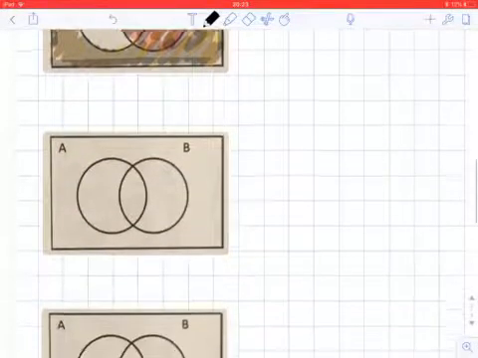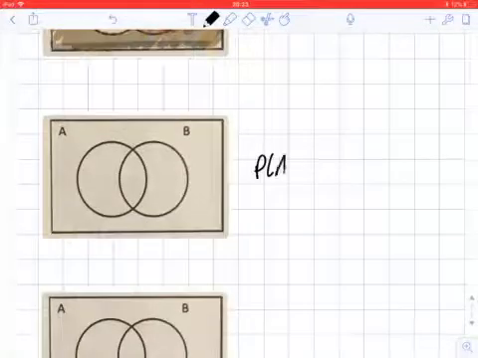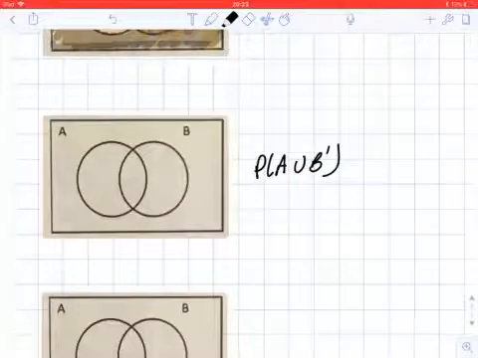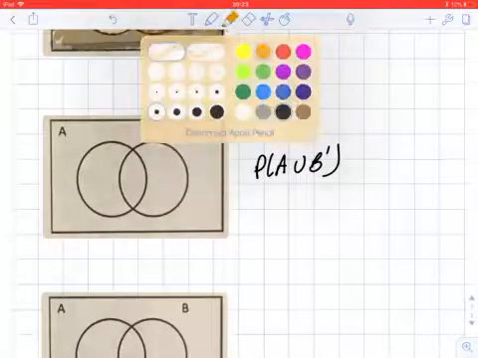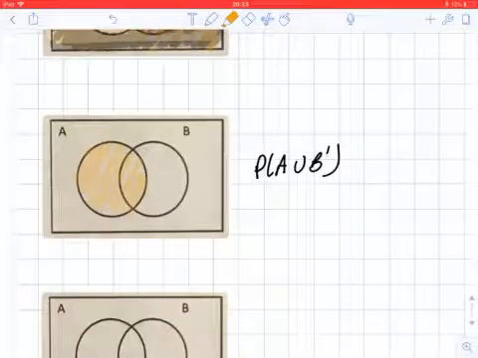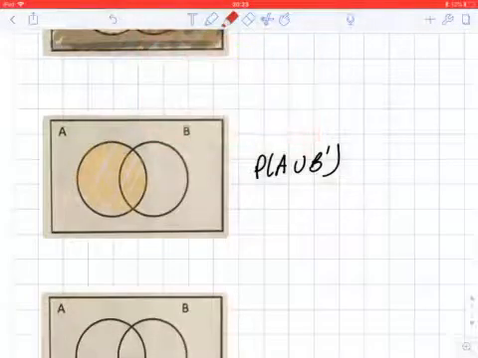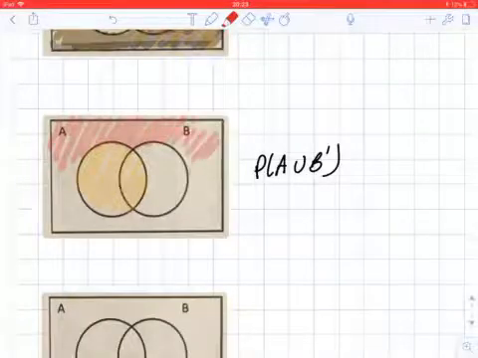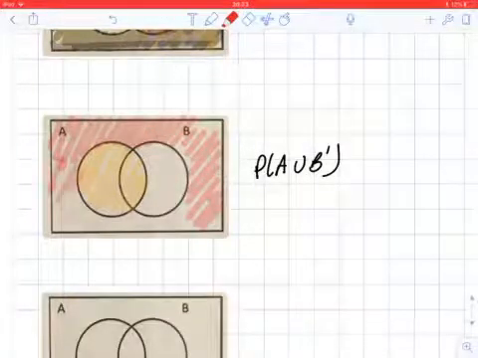So if I do the reverse of that then, the probability of A ∪ B', again, I'd start by colouring in A, because I can have A, so that's that section there. And I can also have anything that isn't B, so that's everything around the outside. So I can have all of this as well.